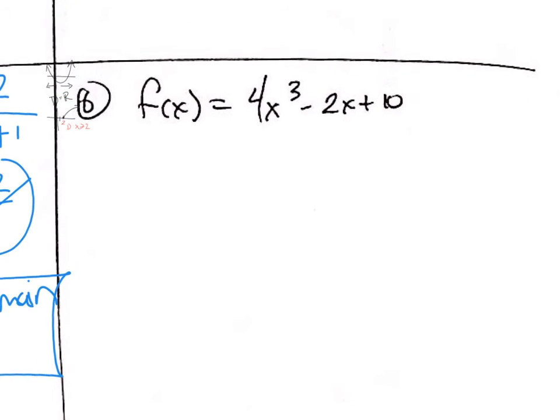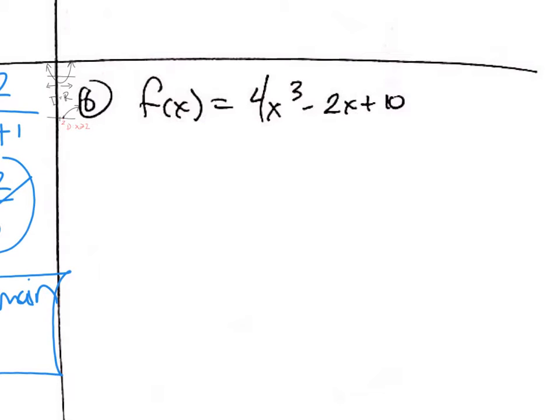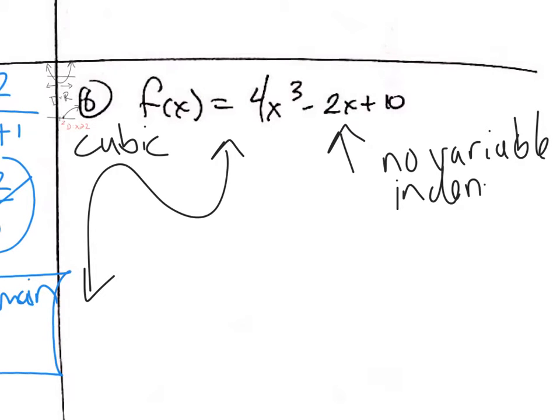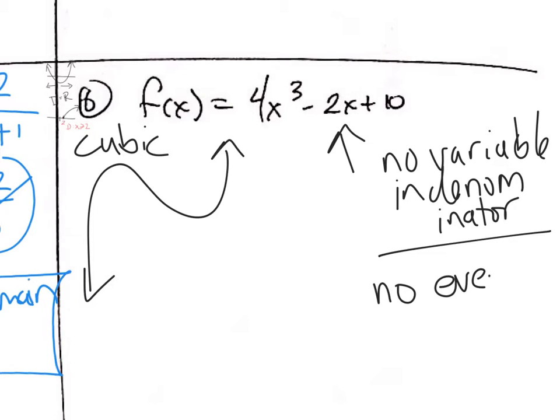And lastly, so here we have a cubic function. Graph would look something like that. But the bottom line is that there's no variable in the denominator, and there's no square root, and I'm going to be more precise and say no even root. So that's like square root, fourth root, sixth root.